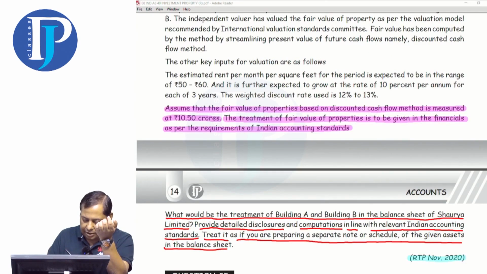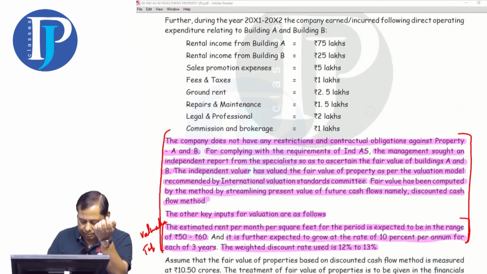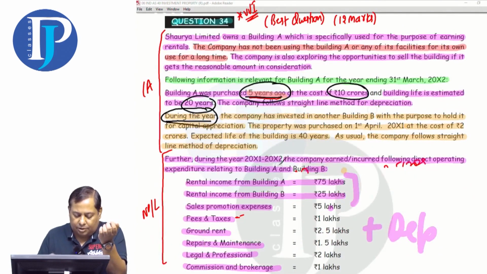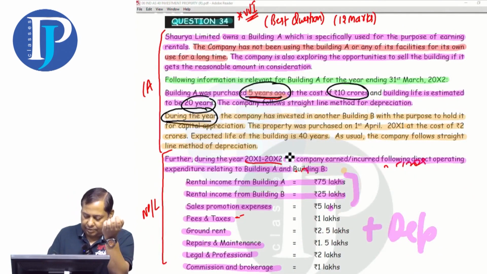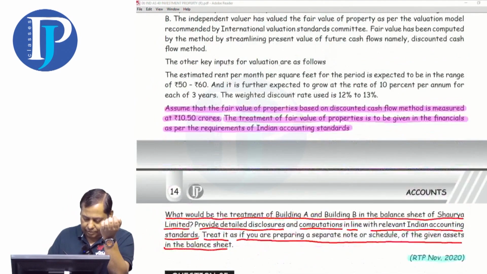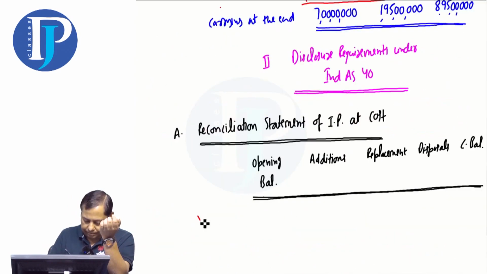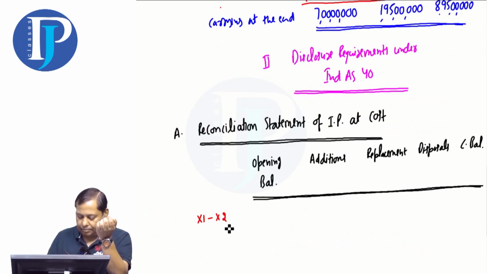So what is the current year now? Which is our current year now? X1, X2. Our opening balance was 10 crores.